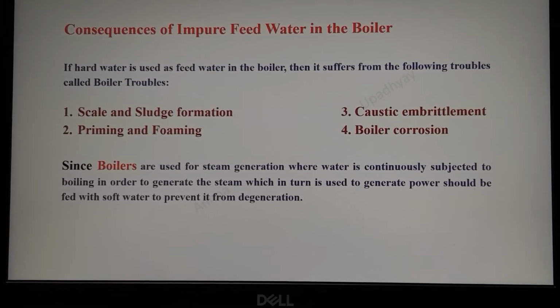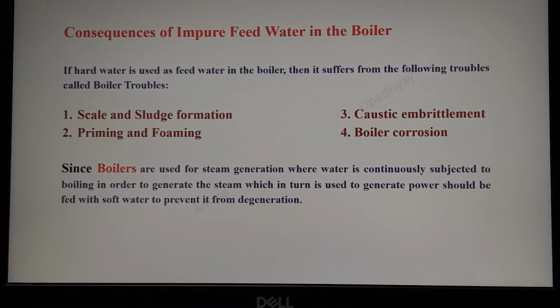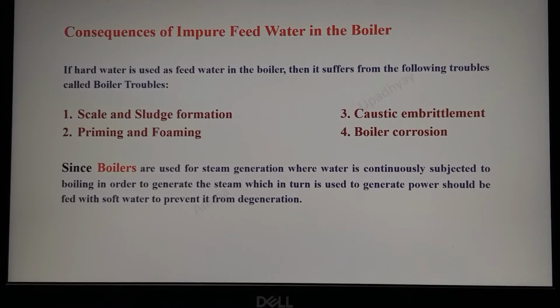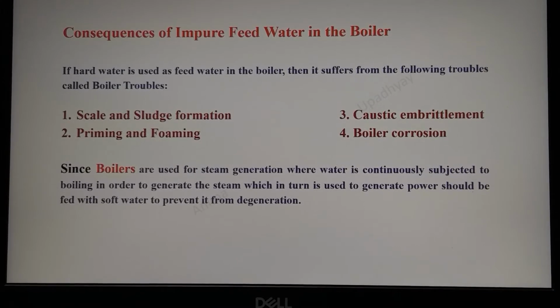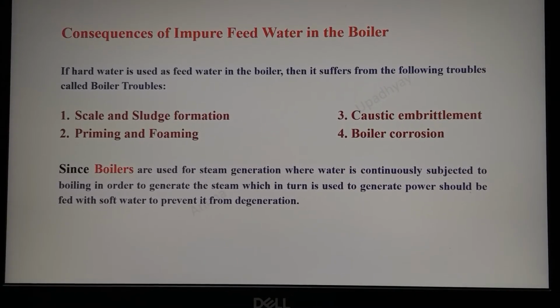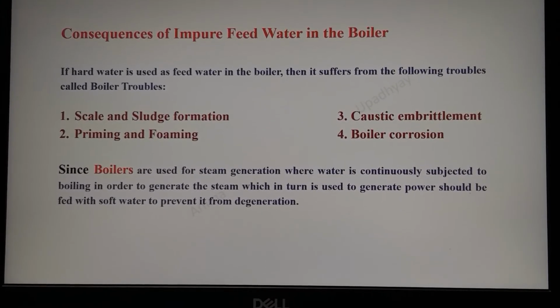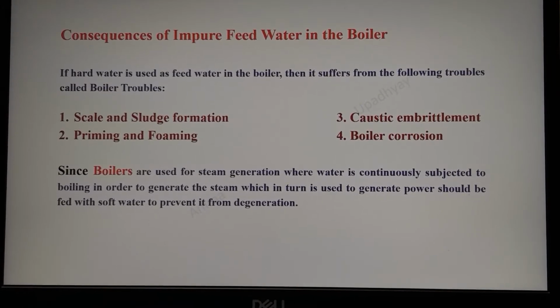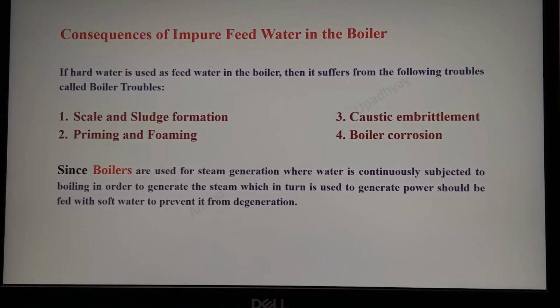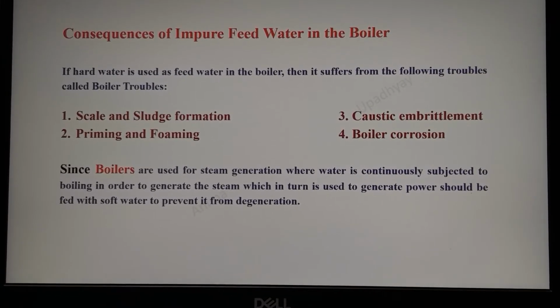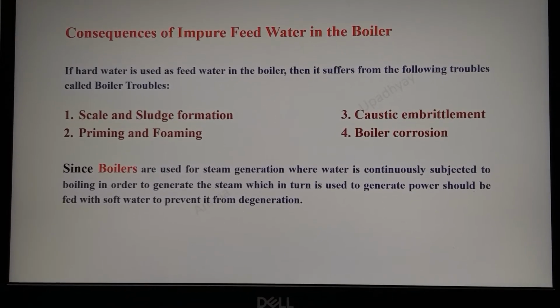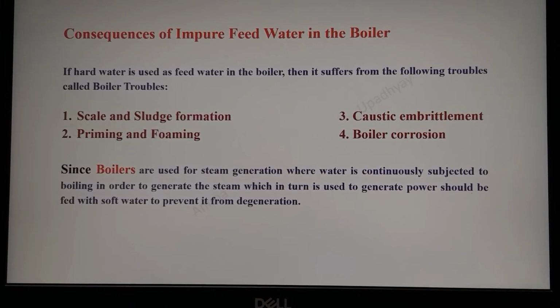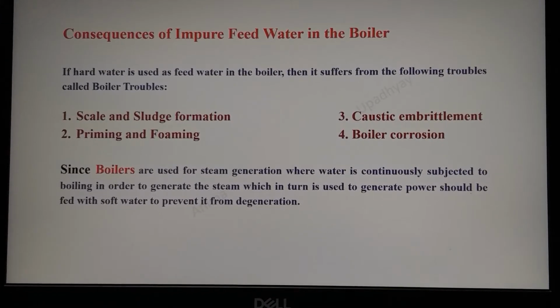So what are the consequences of impure feed water on the boiler material? As I said, water which contains impurities leads to the formation of scales and sludge. Also, this water which contains dissolved impurities is called hard water.